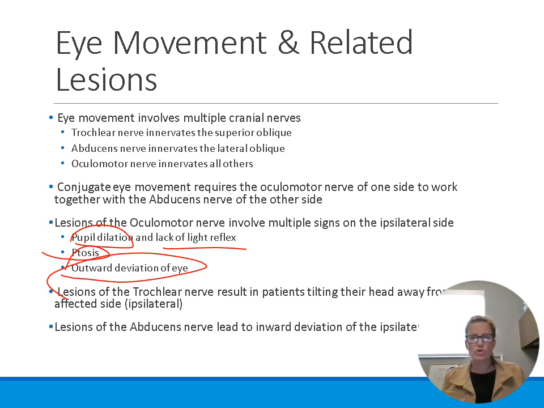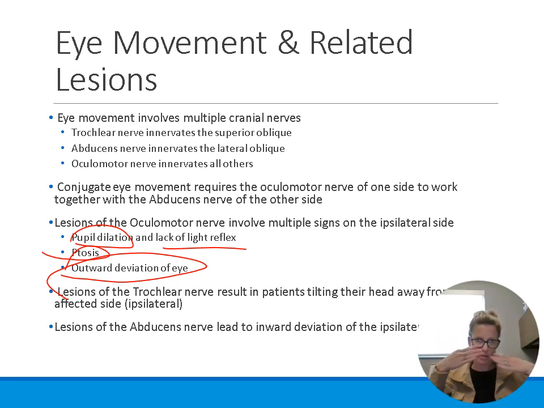Note that lesions of cranial nerve 6 are not associated with ptosis or pupil dilation, right?